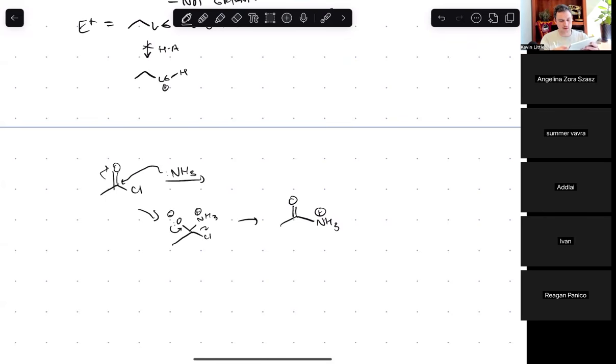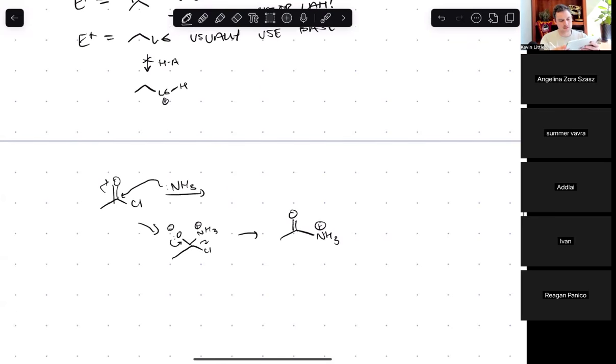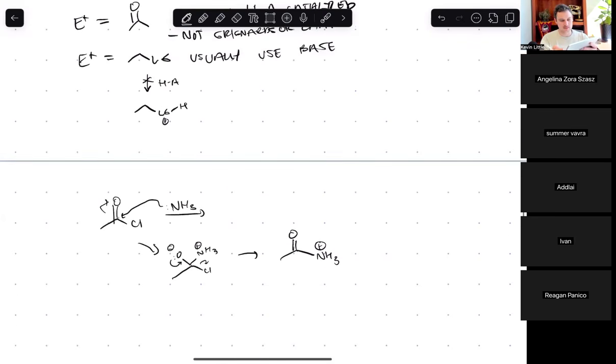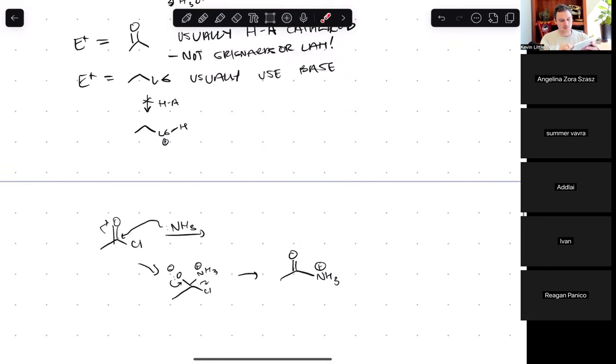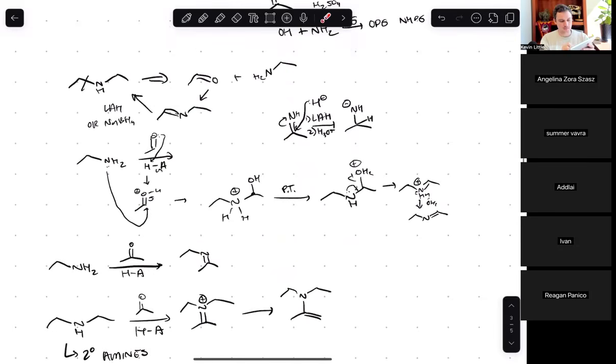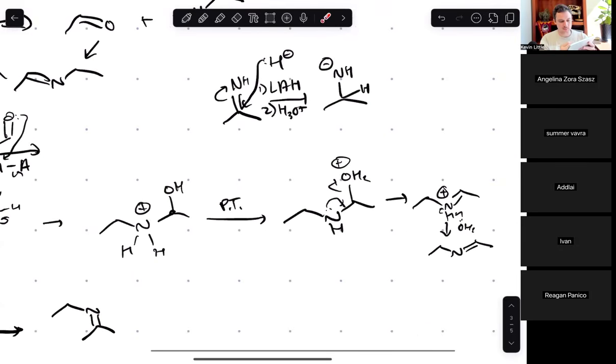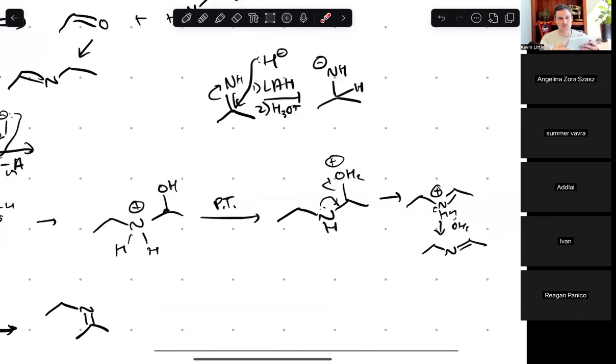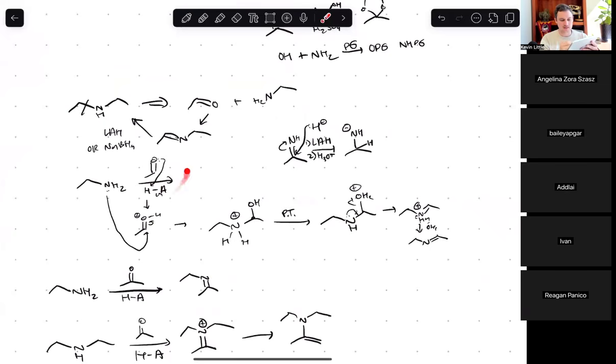Then you deprotonate it. And you can see why, right? The proton would be unnecessary. This leaving group is already a good leaving group. If I compare that to up here, we need this acid specifically because OH is not a good leaving group, and so the acid eventually gets to this to make it a better leaving group. So really, the acids are done to catalyze the reaction by making a good leaving group here.